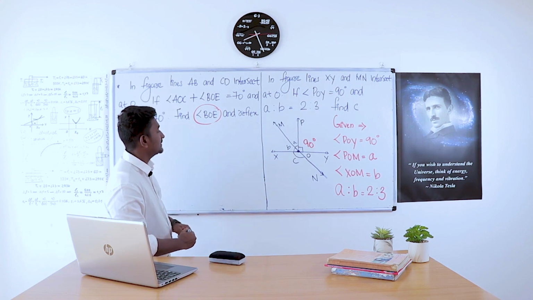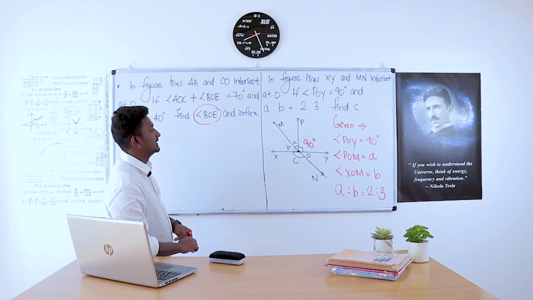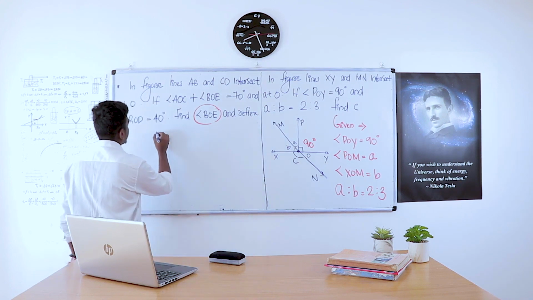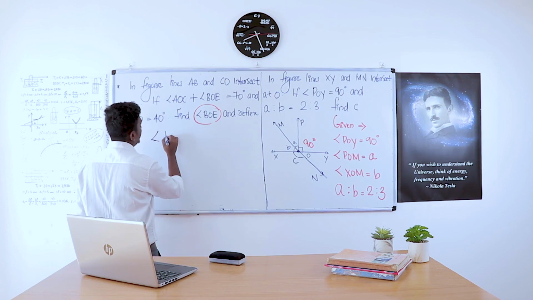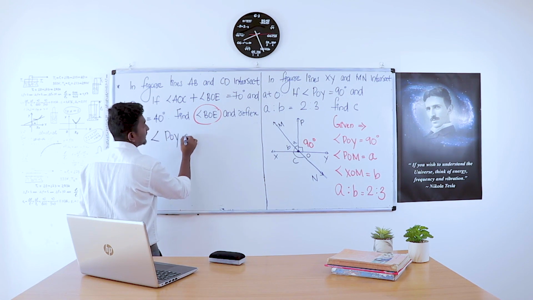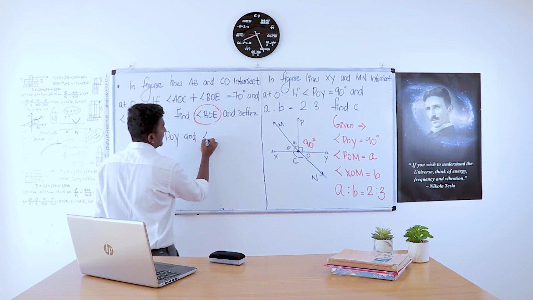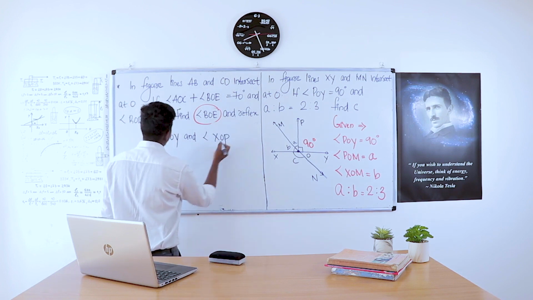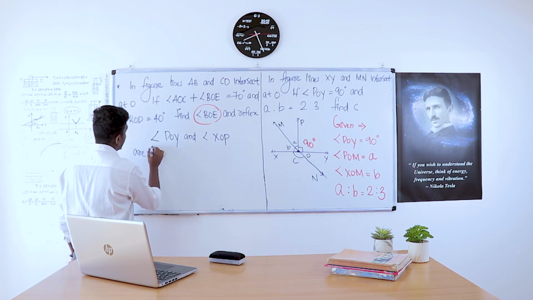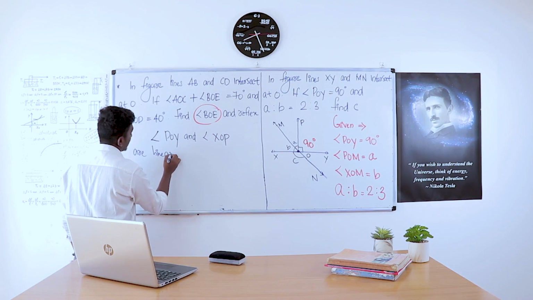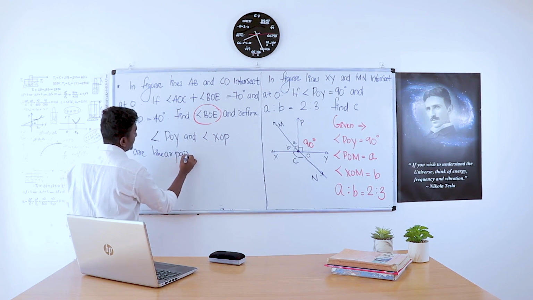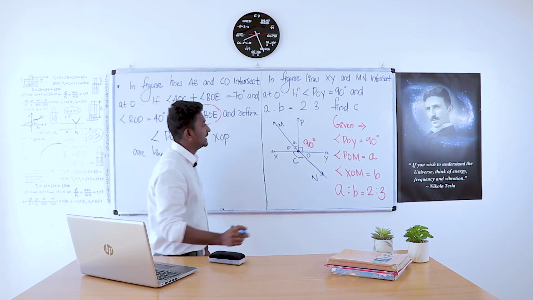How will you find A, B and C? We know that angle POY and angle XOP are a linear pair. Look at the figure.